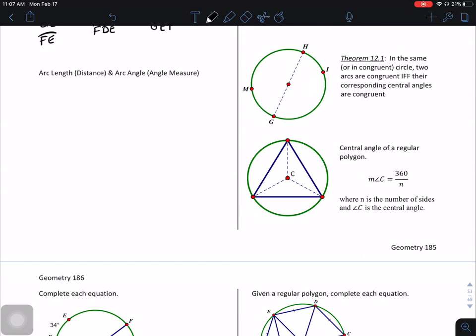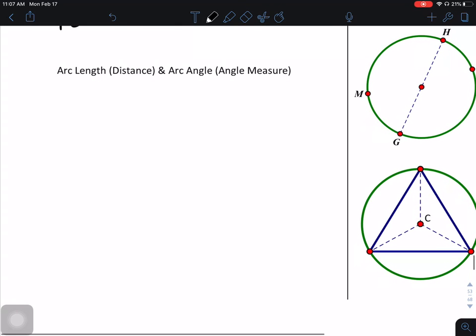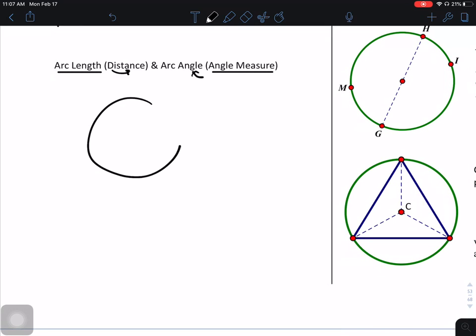Arc length and arc angle are different. Arc measure is referring to an angle. Arc length is referring to a distance. So let me try to illustrate the difference between these two. Let's say that we have the center here.